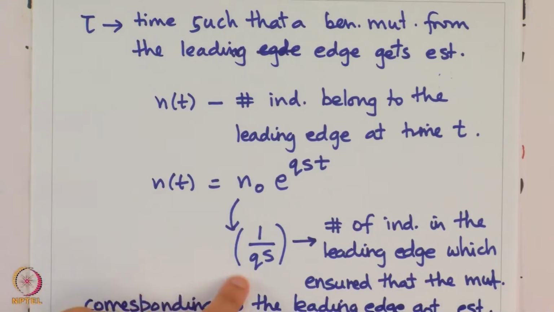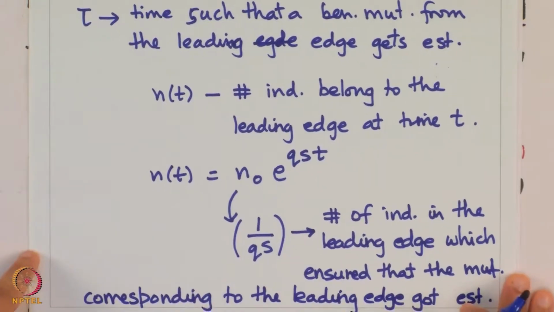So this is the starting number of individuals that we have for this particular genotype.